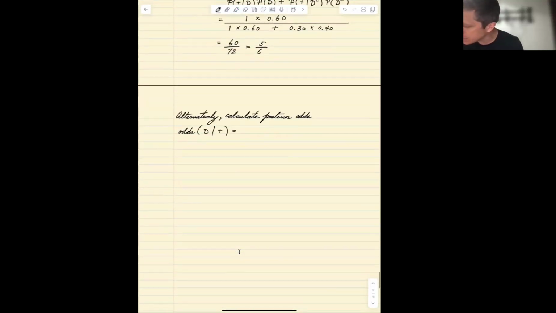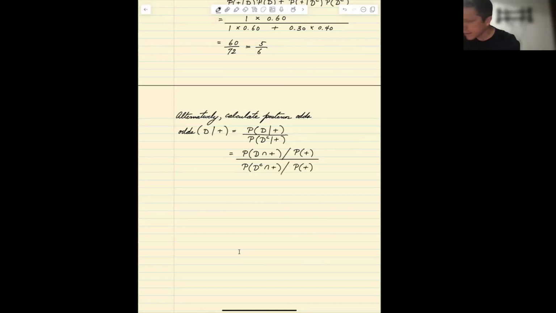In this case, it's conditional, so it's probability of D given a positive test divided by probability of D complement given a positive test. How do we express that as conditional probabilities? It's probability of D and positive over the probability of positive, divided by probability of D complement and positive over the probability of positive. The probability of positive cancels out.